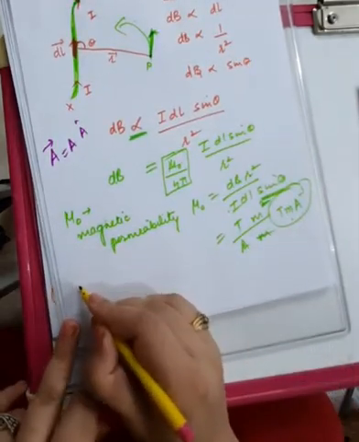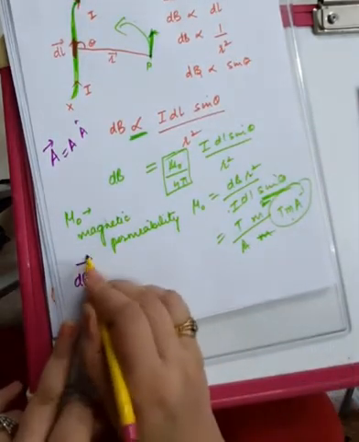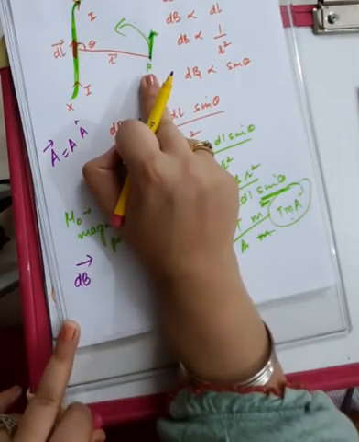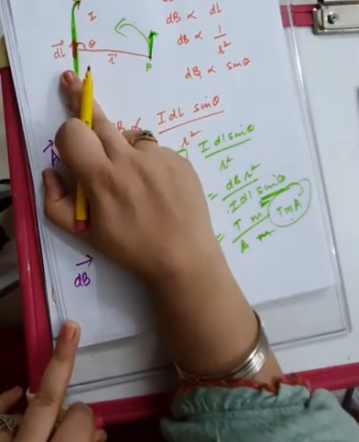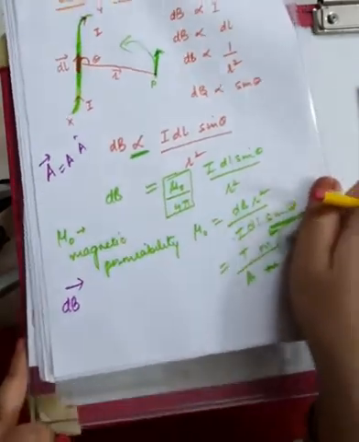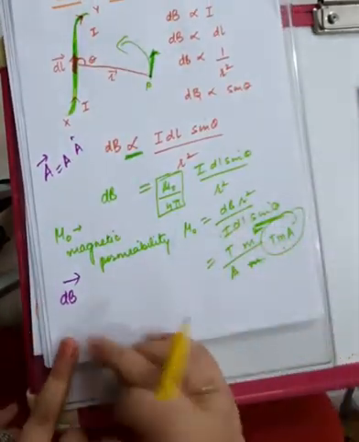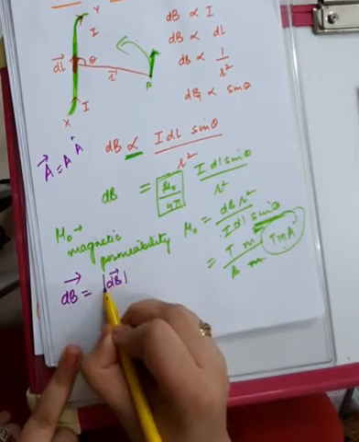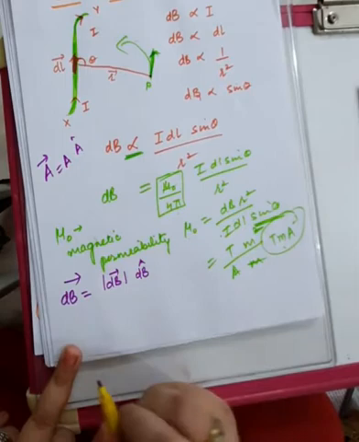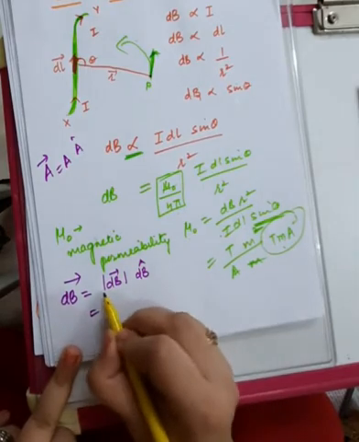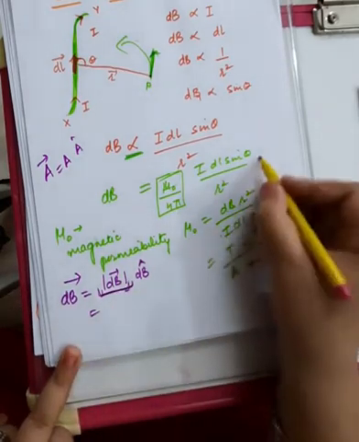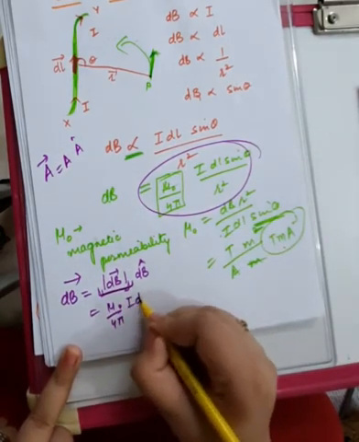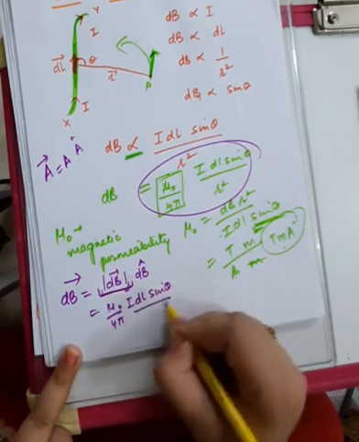The same way, if I have dB vector, the magnetic field vector, which is the magnetic field created at this point P due to the current element dl, then dB vector will be equal to the magnitude of dB multiplied by the direction of dB. That magnitude can simply be written like this: mu naught upon 4 pi I dl sine theta upon r square.